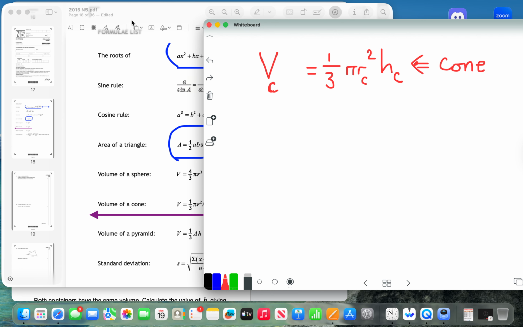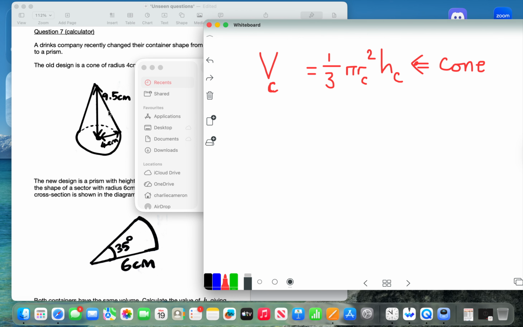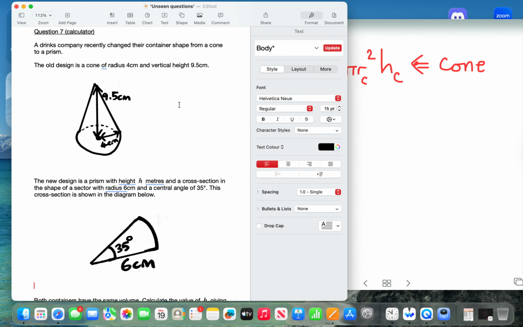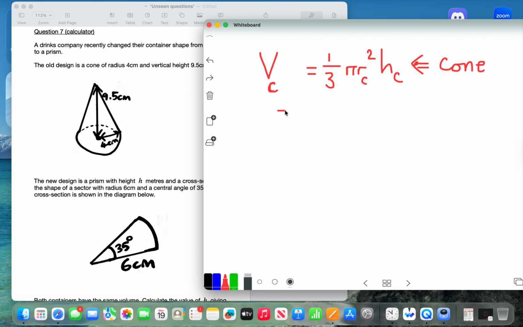So that is the formula. Make sure you copy it down right and you at least know how to use it, but you can take it right from the formula list in the exam. So it's got a radius of 4.